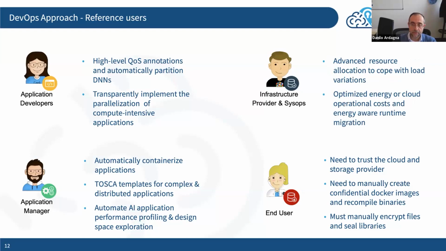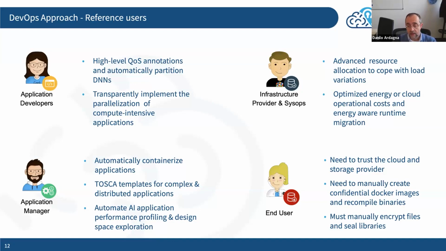What we did was to develop advanced solutions for resource allocation that can automatically cope with workload variation while guaranteeing the execution time of the application. And moreover, we have also advanced scheduling solutions that allow us to minimize operating costs if you are using a public cloud provider, or energy costs if we run the training of our application on premises, into a private cloud, sorry.